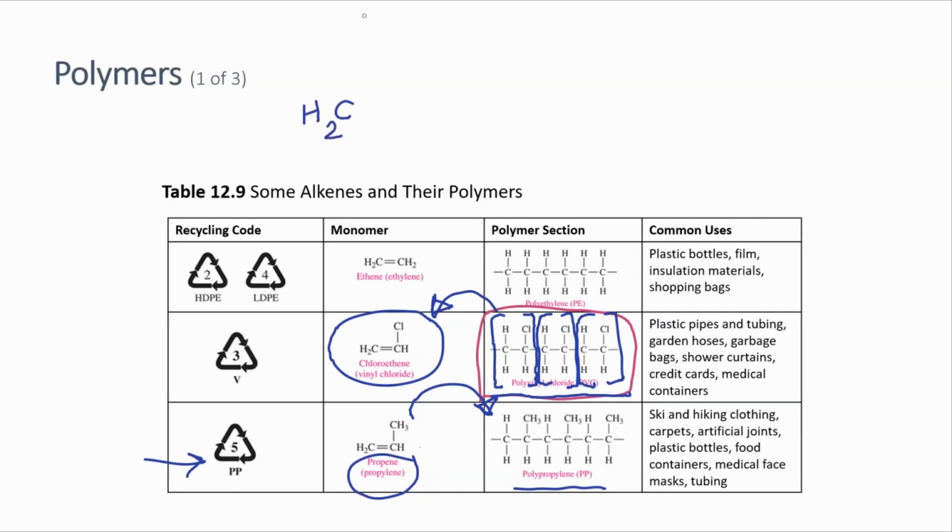So you have this monomer. Now you need to convert this into a polymer with the repeating unit. So what will be the repeating unit form here?